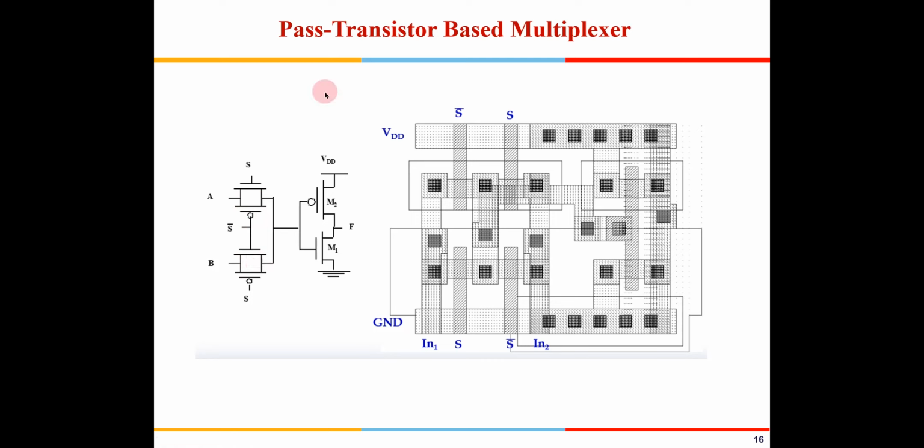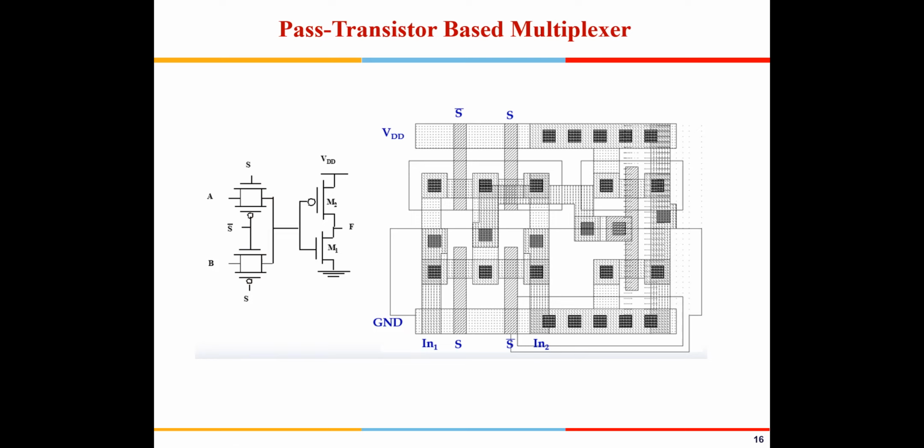Even otherwise, this acts like a driver circuit also, because it is going to drive the next circuit. So this can cater for the fan out requirements. All the multiplexers these days are implemented using pass transistor logic.